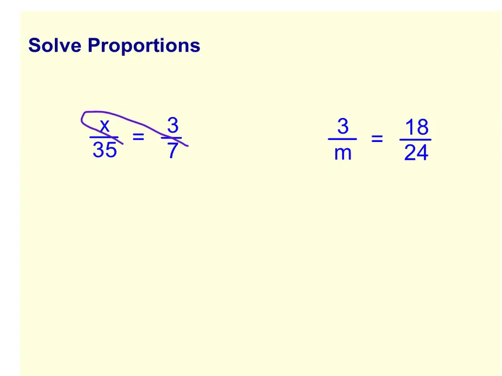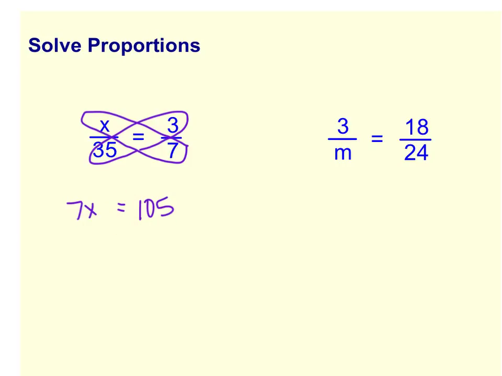So we're going to multiply the x times the 7, and we'll write that as 7x. Your equal sign comes down in between, and then you're going to multiply the other diagonal, 35 times 3. And we get 105. So if you notice, when we multiplied our two diagonals, that cross multiplying, don't forget that your equal sign goes in between, and now you have a pretty easy equation to solve.